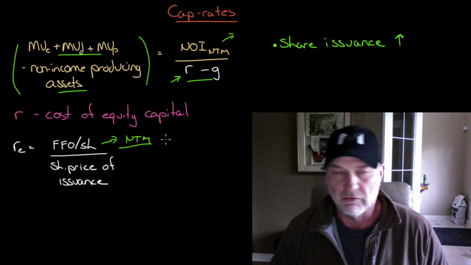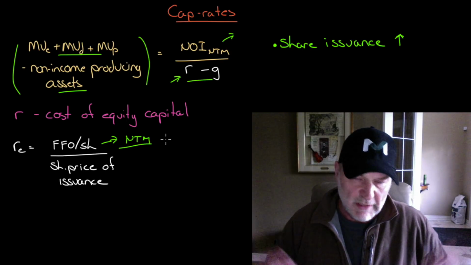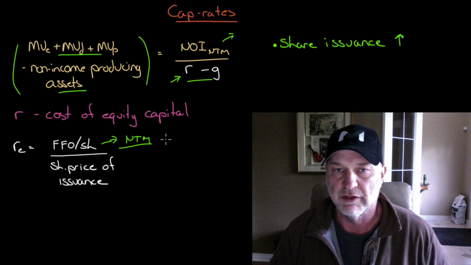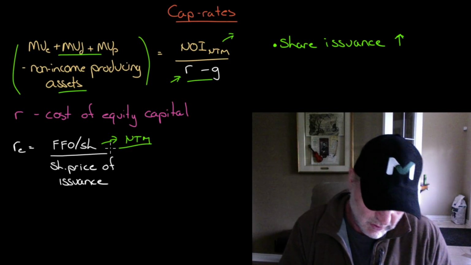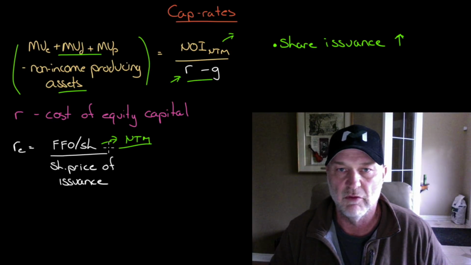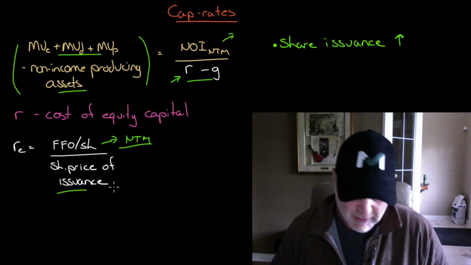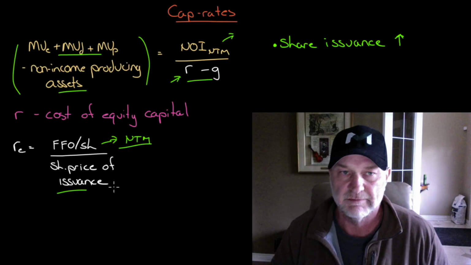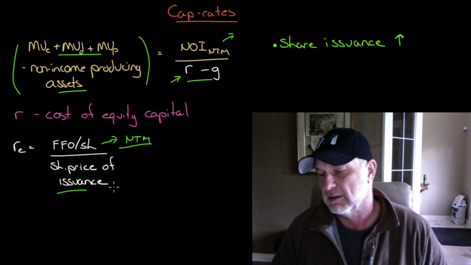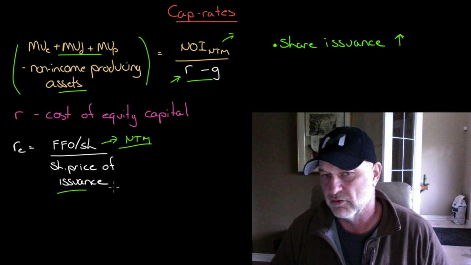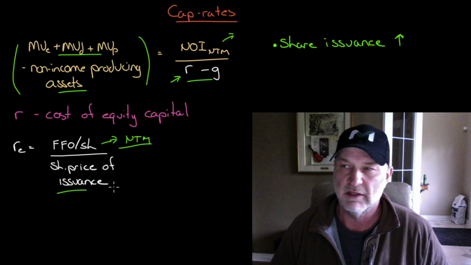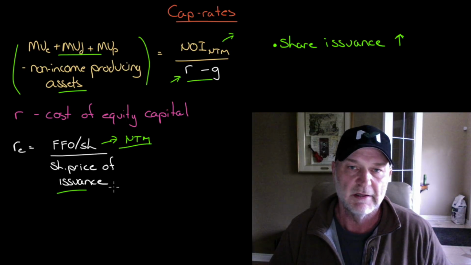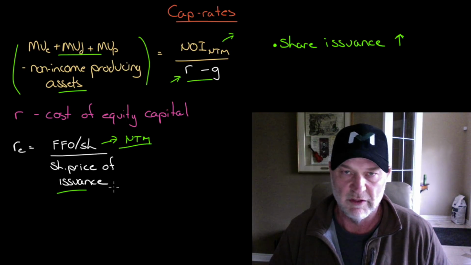So if you know what the growth rate in FFO is, and let's say that it was going to be flat year over year, you could take the last 12 months FFO and just add the accretion on to get what the next 12 months FFO is. And then you would divide it by the share price of the issuance. So a good example was a Canadian REIT that was in the mid-14s, did an equity issuance, and I think they did it at $13.50. So you would forecast what their next 12 months FFO would be.